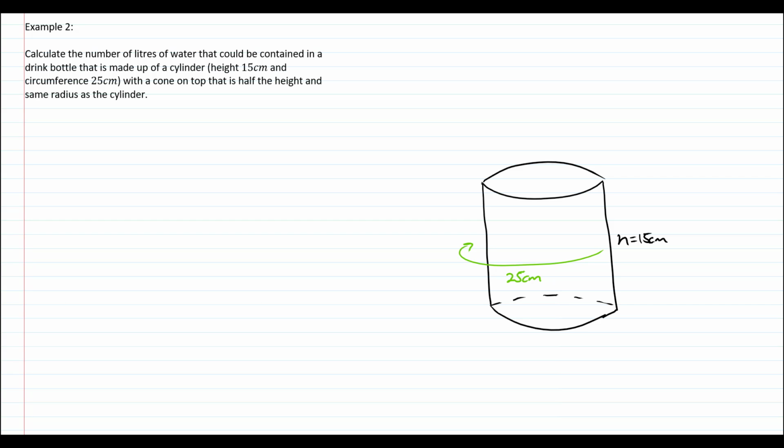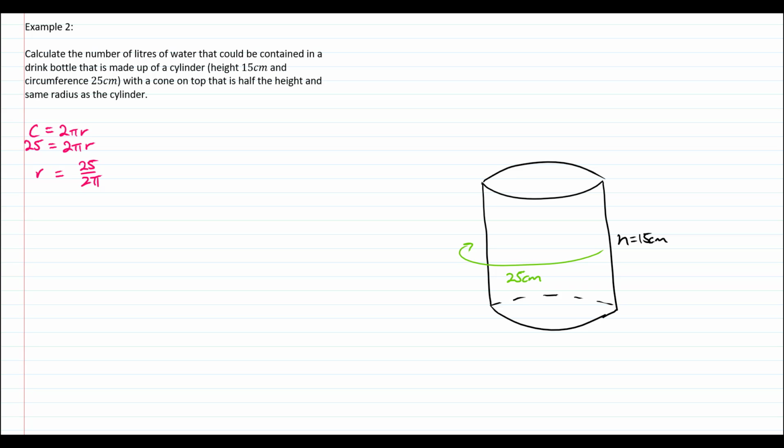So the first thing I'm going to need to do is calculate the radius. The circumference is 2 pi r, and so 25 is equal to 2 pi r, and r is therefore equal to 25 over 2 pi. I'm not asked to calculate the radius, but I need it for this question, so I'm not going to evaluate what that's equal to. I'm going to leave it in exact form.